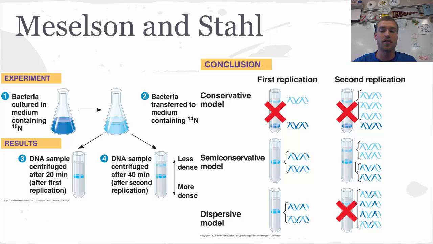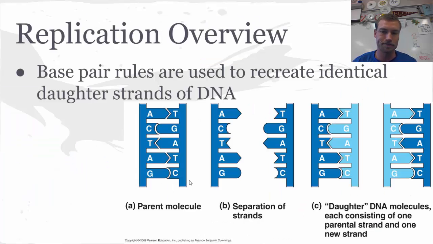In a semi-conservative model, we expect to see one band at the beginning, and then two different bands after one replication. If it's a dispersive model, we should always have DNA at the same spot. The results of their experiment were that we ended up with one band at the beginning and two bands at the end, meaning that it is semi-conservative replication.